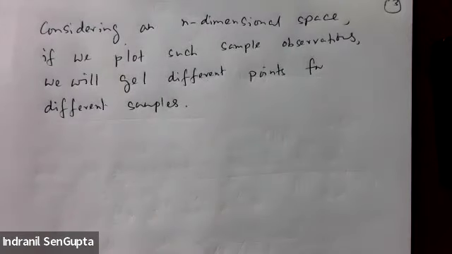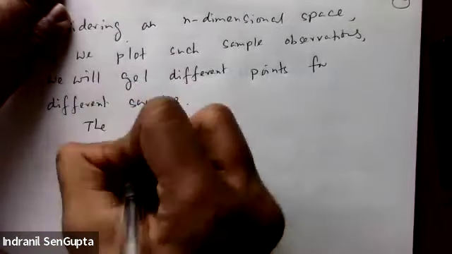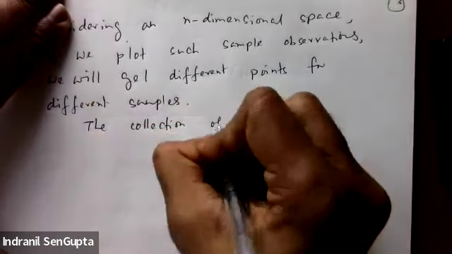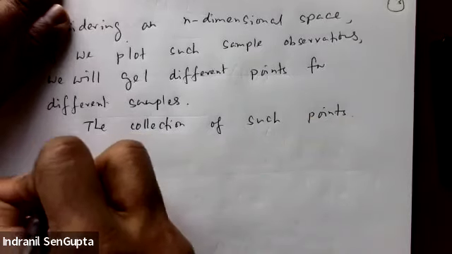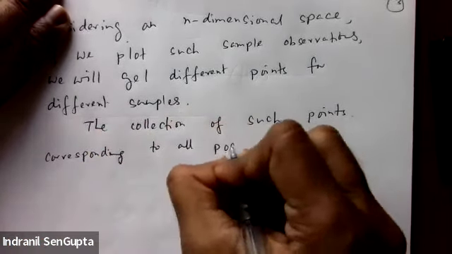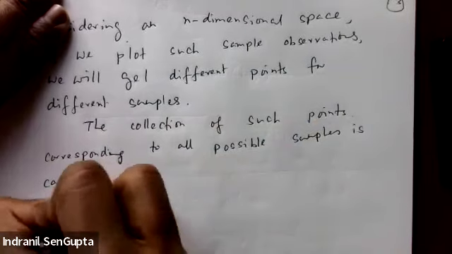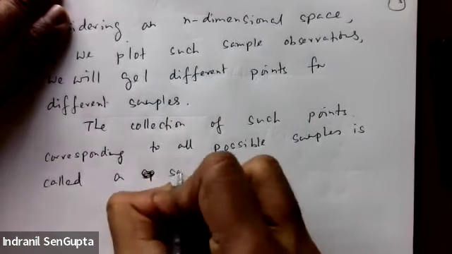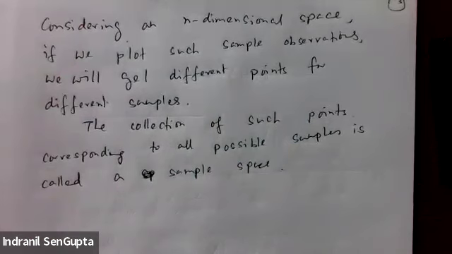Now the collection of such points corresponding to all possible samples is called a sample space.